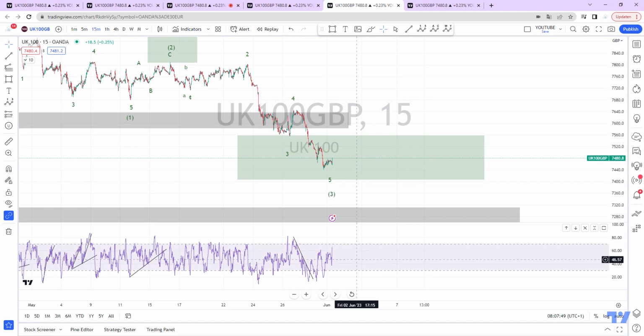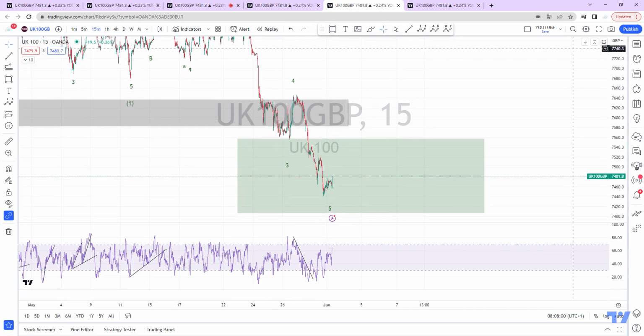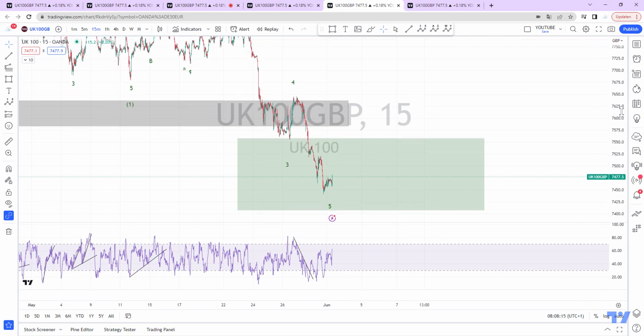So now the question is where to enter this trade. From a swing perspective, this can be your 1 2. This ends with divergence.